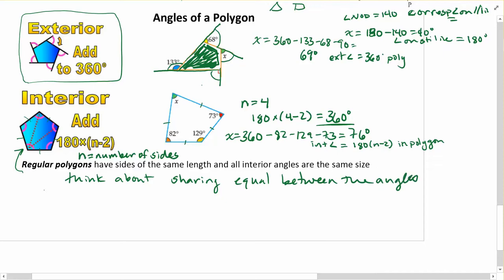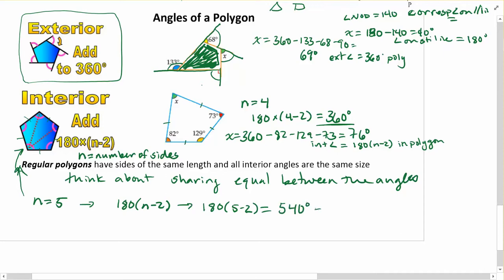So for instance, if we look at a 5-sided shape, n is equal to 5 for our polygon like we have above, and I want to ask you how many degrees make up each interior angle. Well, first thing I would do is figure out how many degrees total inside of it. So 180 times n minus 2, and because n is equal to 5, I'll do 180 times 5 minus 2. So 180 times 3 is going to give me 540 degrees.